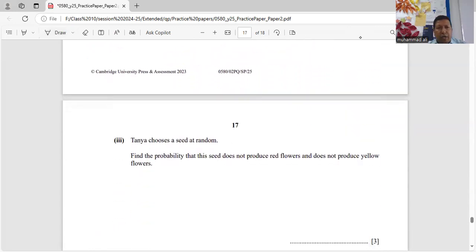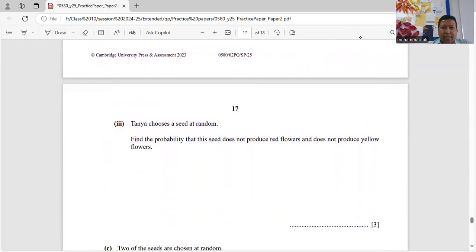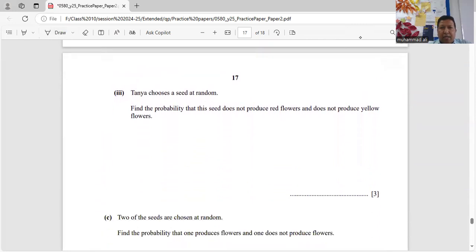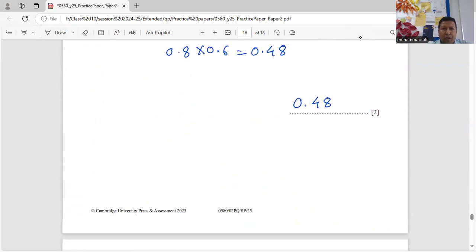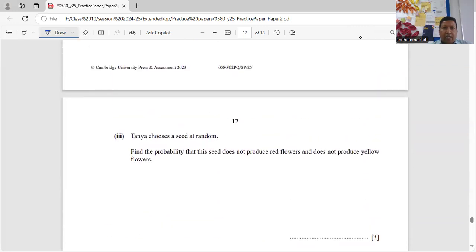Part 3, when a seed is chosen at random, find the probability that the seed does not produce red flowers and does not produce yellow flowers. So does not produce flowers is 0.2. At first we have to write here does not produce flowers 0.2.